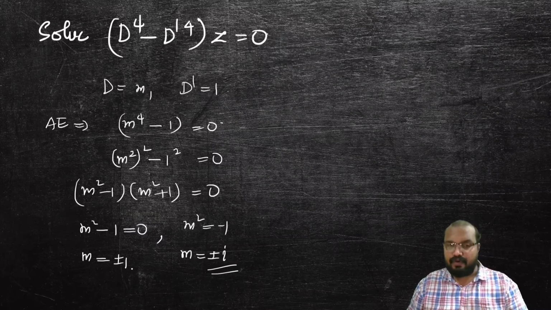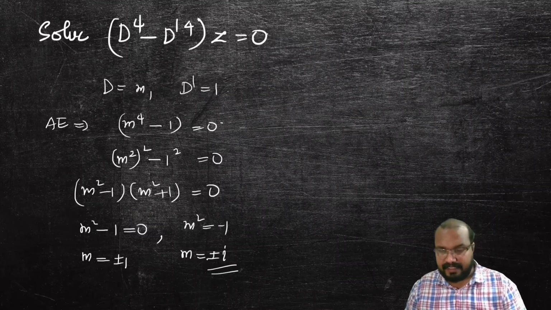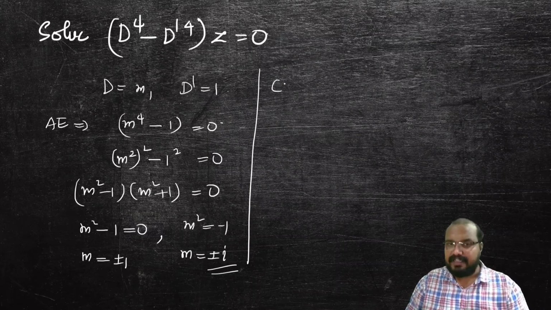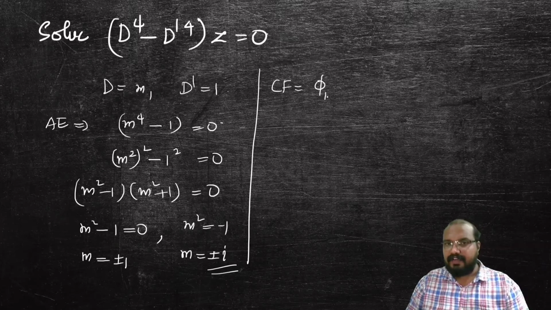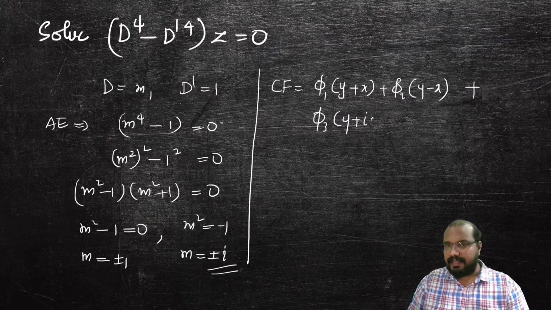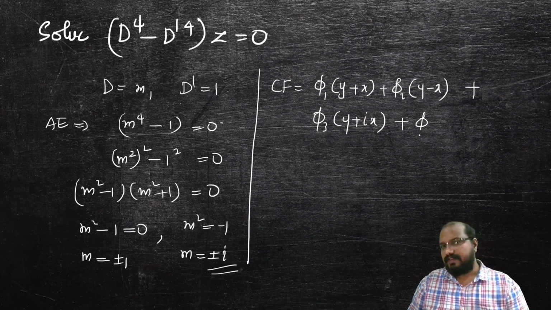Therefore we have the four roots: m equal to 1, m equal to minus 1, m equal to minus i, and m equal to plus i.